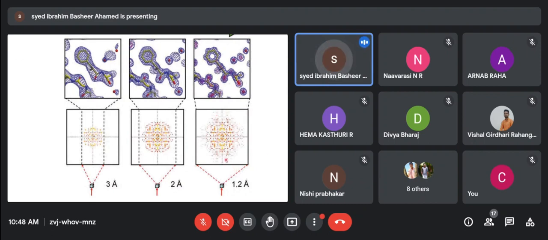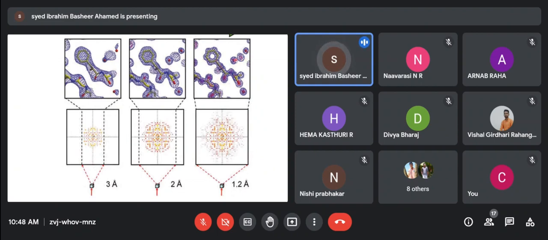So how can you measure the resolution? By seeing the density. The data is the representation of the electronic arrangement. When you have atomic level resolution, you will get a density like this. You can see here this is a water molecule, and you are getting the density accurately around the water molecule.